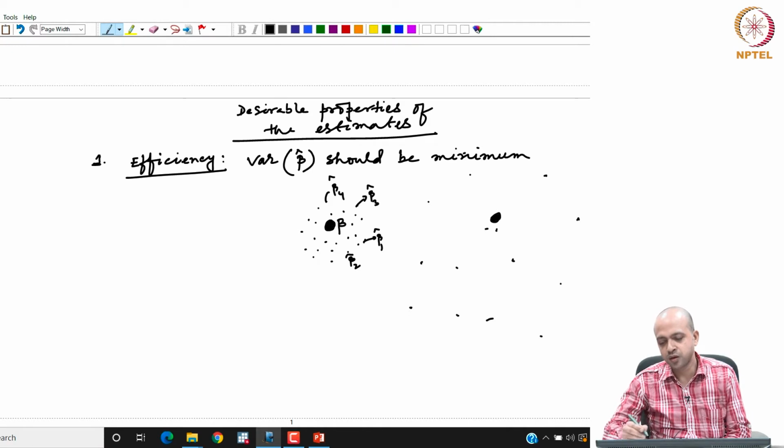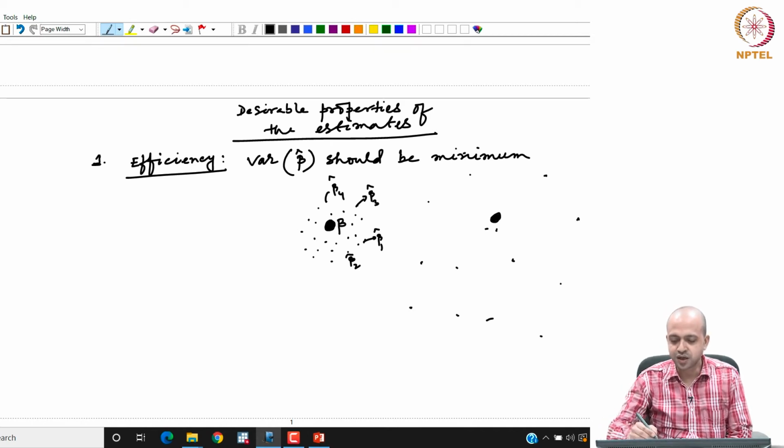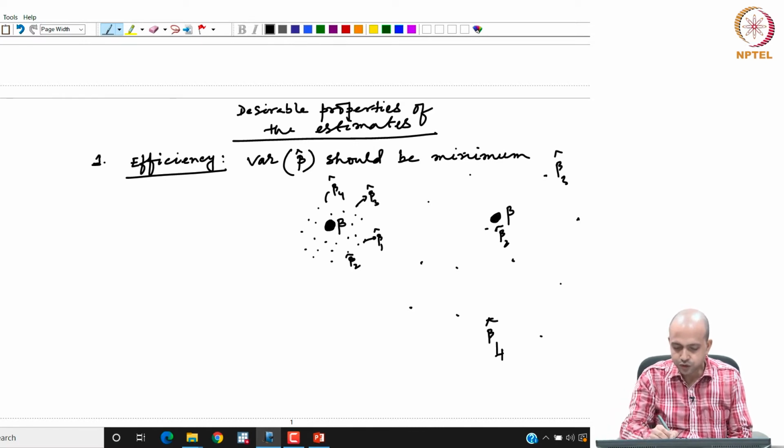Otherwise, if the variance of the beta hat is too large, that means you are basically hitting like this. This is your beta, and your beta 1 hat is here, beta 2 hat is here, then this is beta 3 hat, then it is beta 4 hat. So, this is situation 1, and let us say this is situation 2.